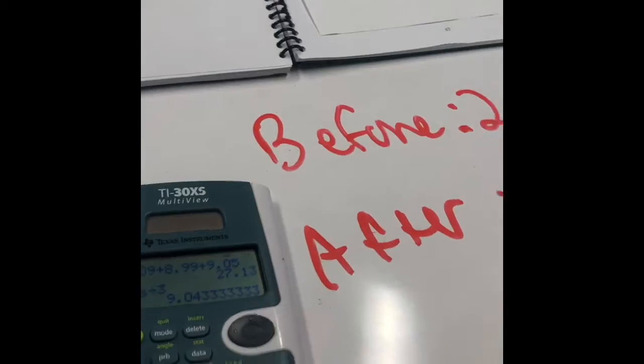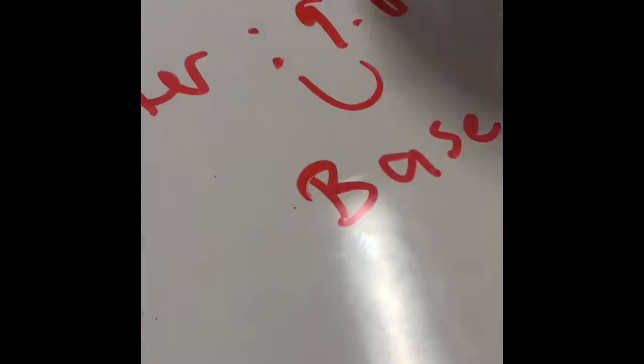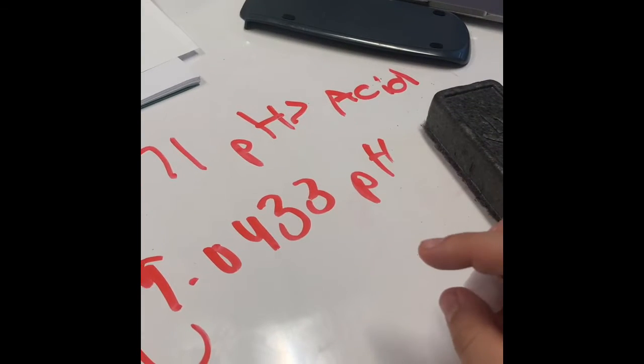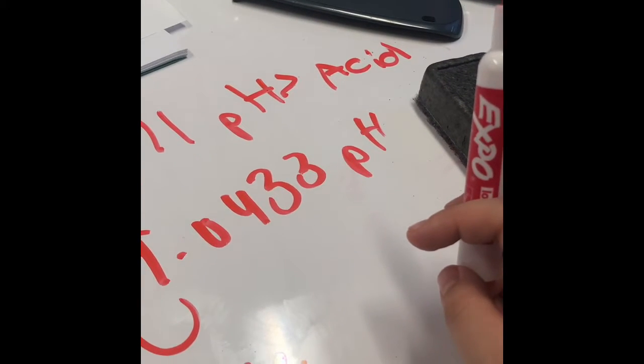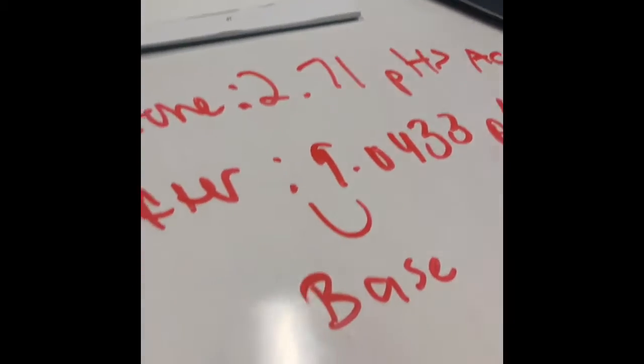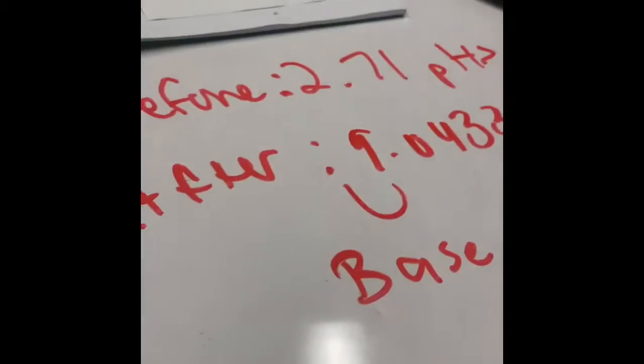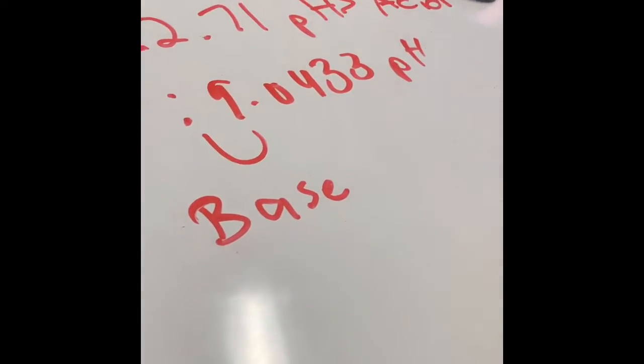This actually became more of a base, whereas this was an acid to start. And adding or repeating the titration cycle can cause the pH to go up, as we can see here.